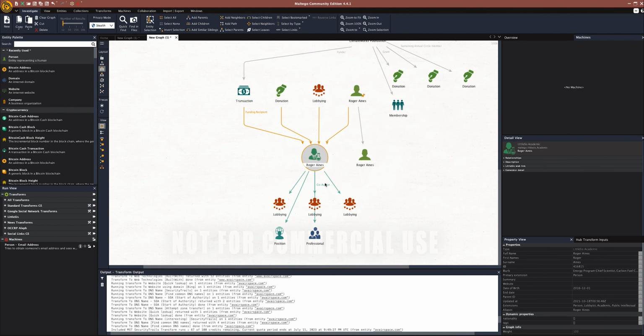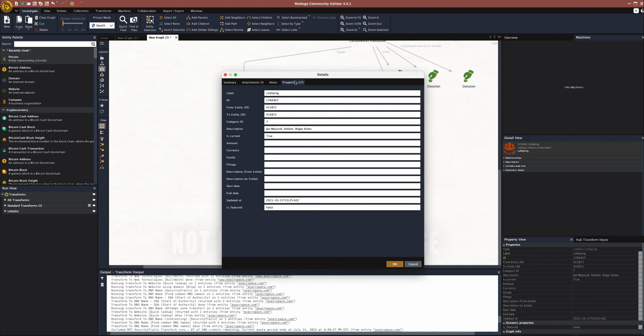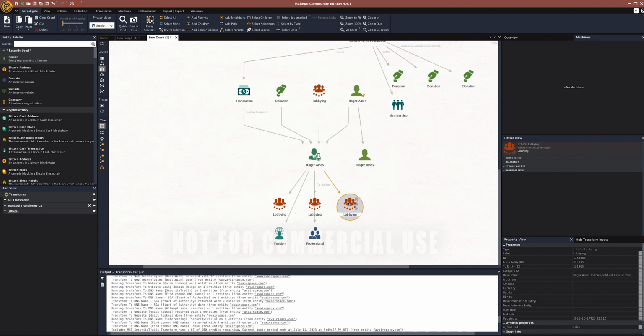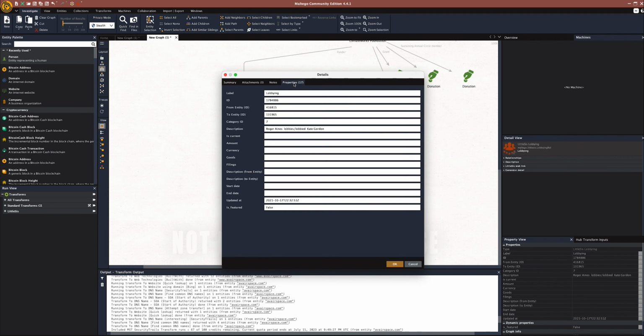So there's a co-author. Something is listed as a co-author in some professional thing, and then you have this lobbying data. What is this lobbying data? This person lobbies for this person. I don't know what that really means. Doesn't sound like political lobbying.